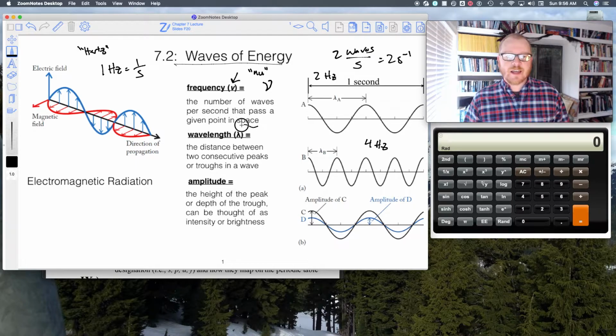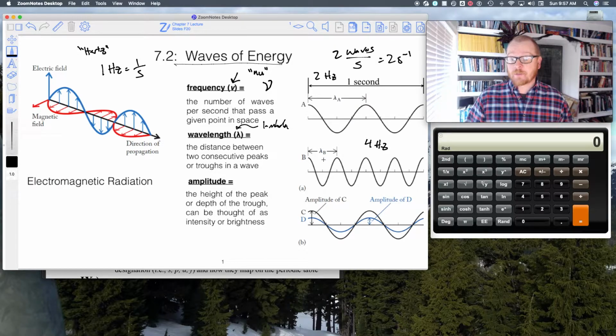And this is a Greek letter lambda, okay? So you can see that lambda for A is much bigger than for B. And actually, in fact, lambda A is exactly twice as big as lambda B, okay?